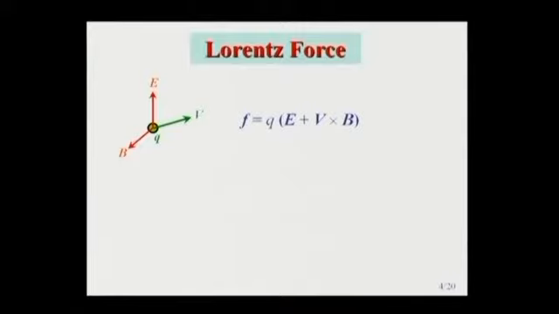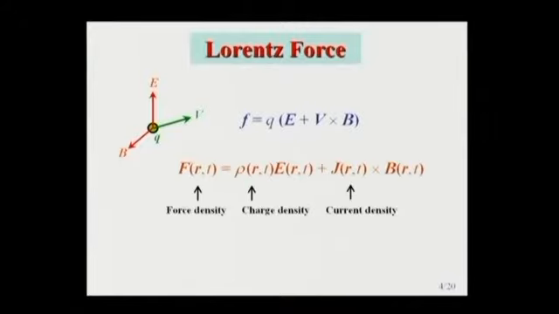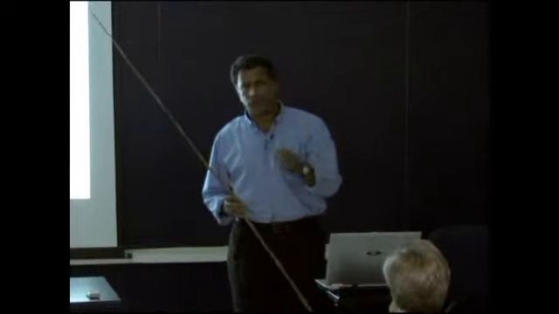Now, if instead of a single point particle we have a distribution of charge, then this formula can be written in the following way. The force becomes force density. That's force per unit volume. QE becomes rho E. Rho is the charge density, that amount of charge, electric charge per unit volume.